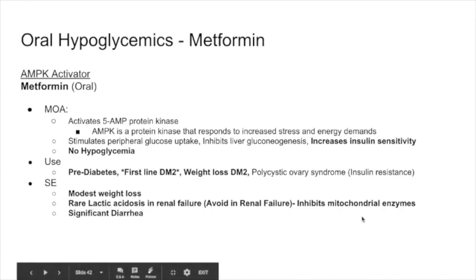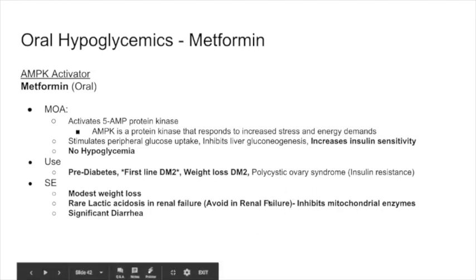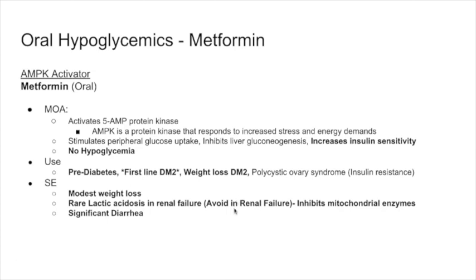And the reason for that is metformin inhibits some of the mitochondrial enzymes, so the mitochondria is not able to process the lactic acid, so you have some cases of lactic acidosis. So you want to avoid metformin in patients with renal failure because metformin is excreted by the kidney, and if the kidney can't excrete it, then it's going to accumulate and you have higher chance of lactic acidosis. So that's the first thing that I want you guys to be aware of.